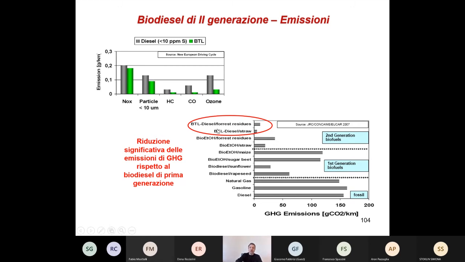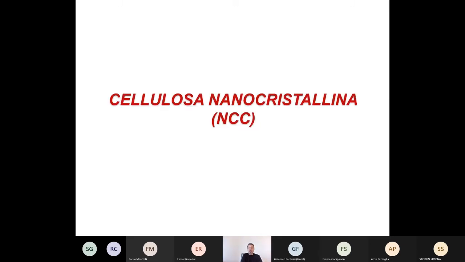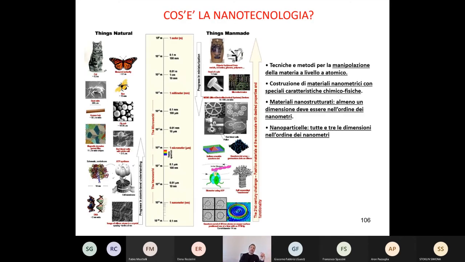Okay, just some input to other biochemicals production possibilities from biomass. For example, nanocrystalline cellulose. Nanocrystalline cellulose is, in a very, very simple way, cellulose. In general, cellulose is in an amorphous state.